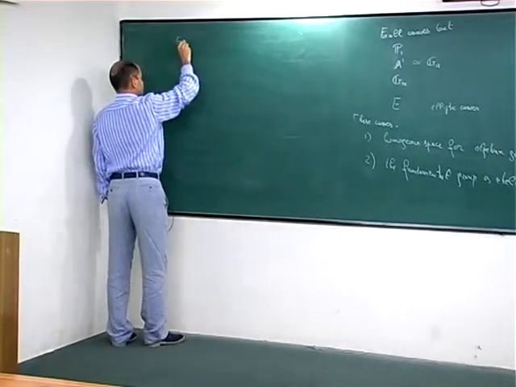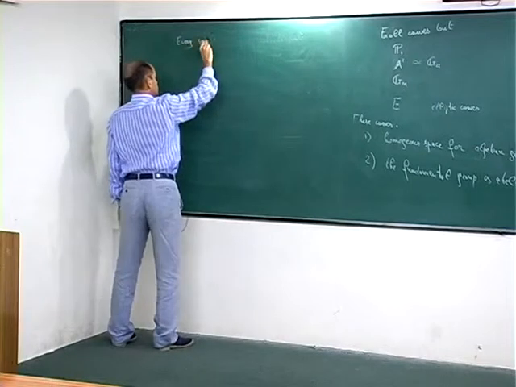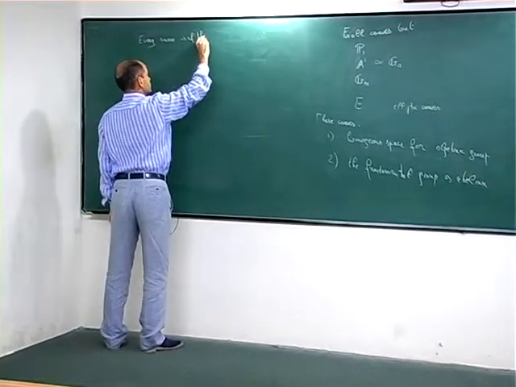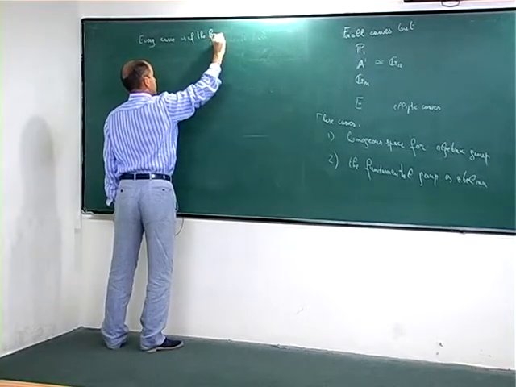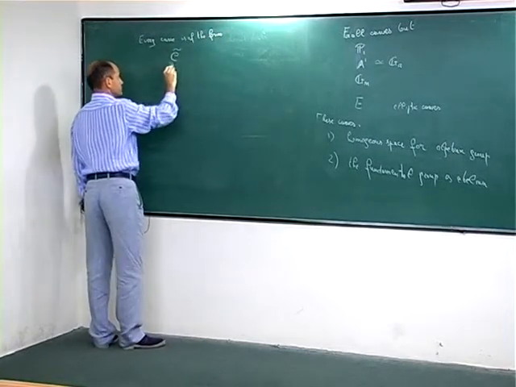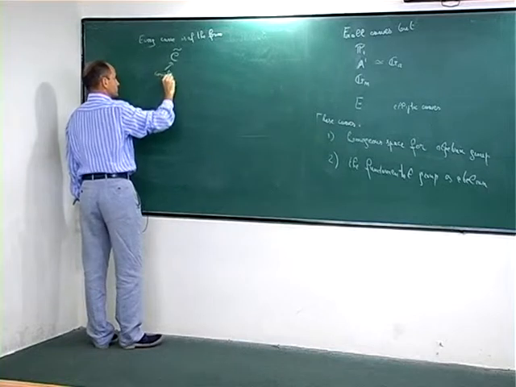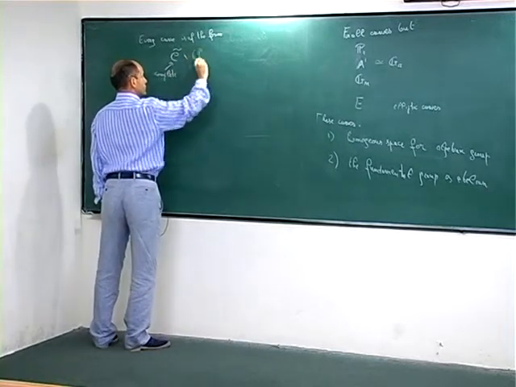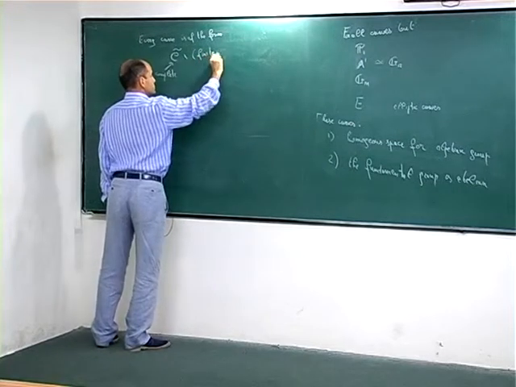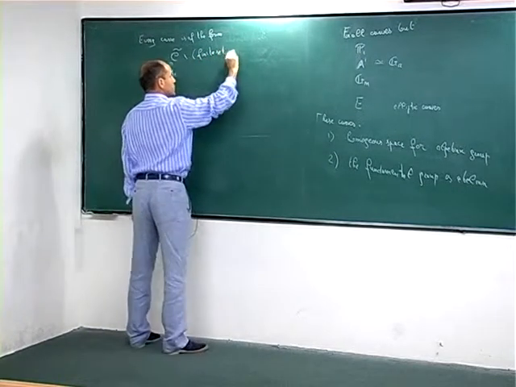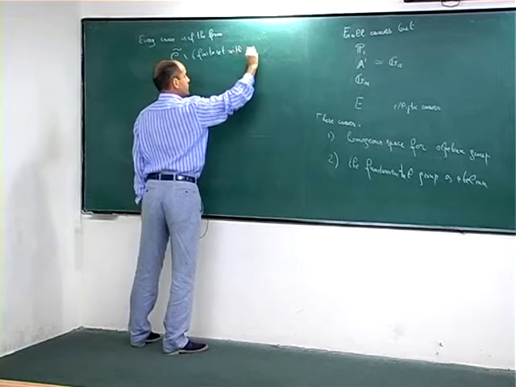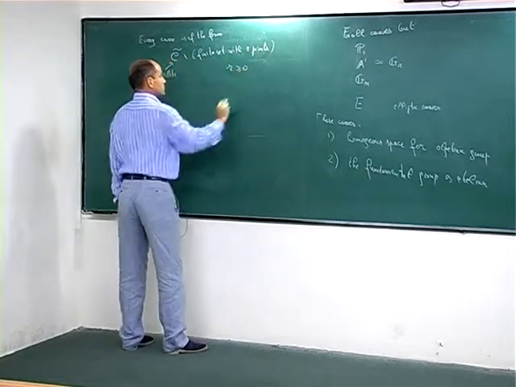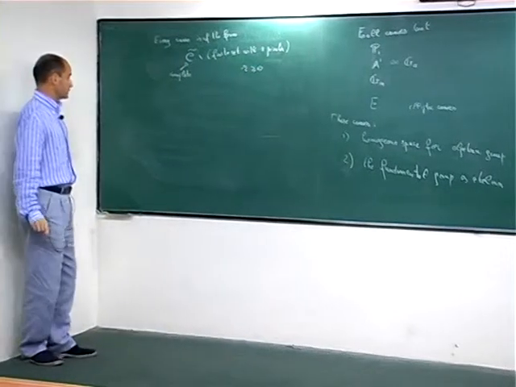Every curve is of the form a complete curve minus a finite set with, let's say, R points, where R is a non-negative integer.